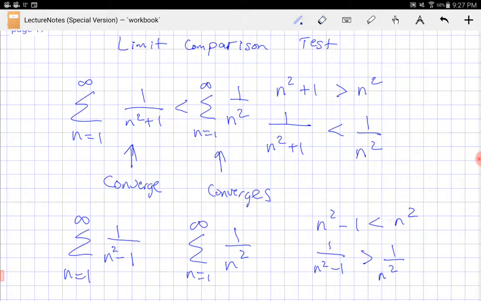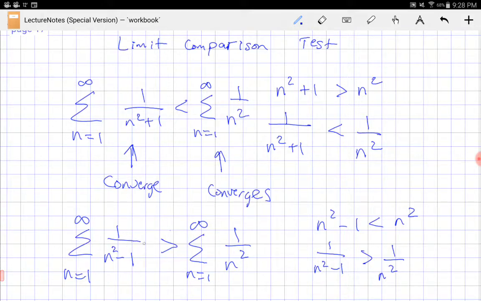If we were to make the opposite comparison, saying this is greater than our known converging series, then this becomes what I call a meaningless comparison, because you know this converges, but this is a number bigger than your converging series, so we really don't know what's going on.